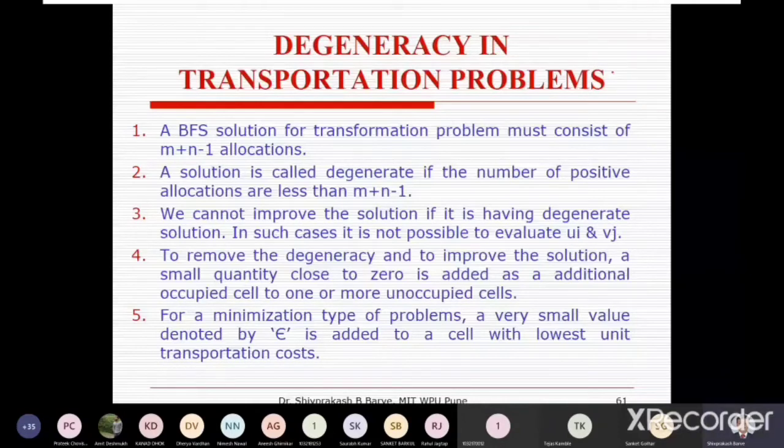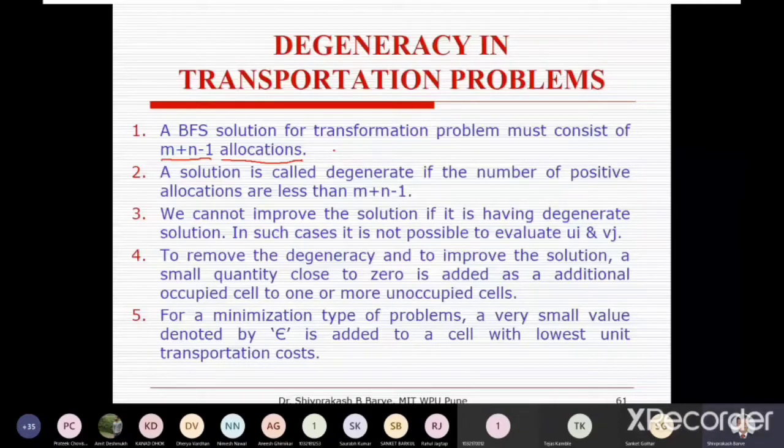So what is meant by degeneracy? A basic feasible solution for a transportation problem must consist of m plus n minus 1 allocations. Allocations means groups of units. When you are shifting the units, these units must be shifted in some groups, and that group is called an allocation.